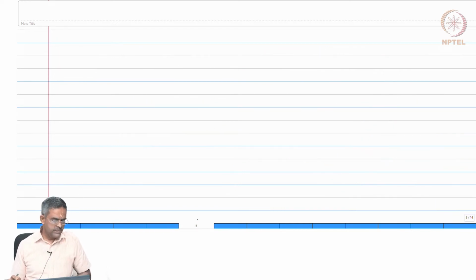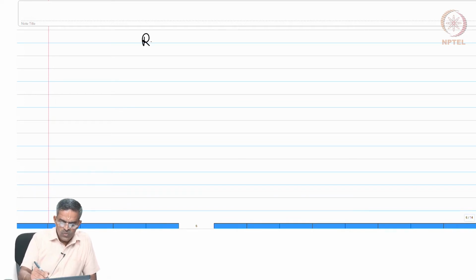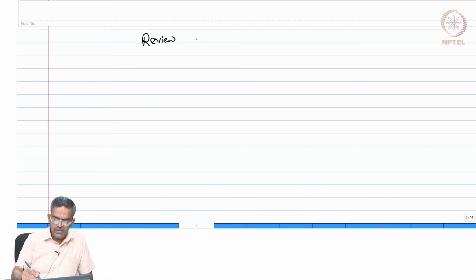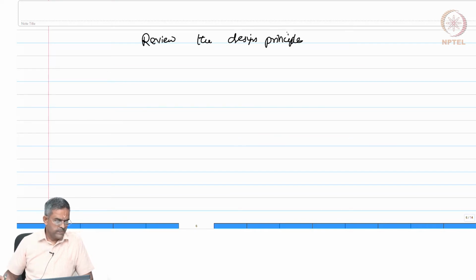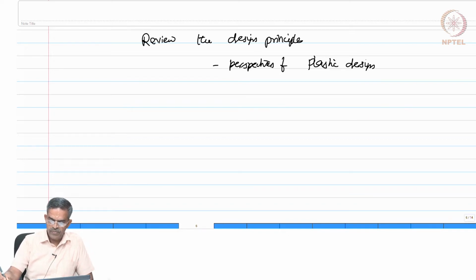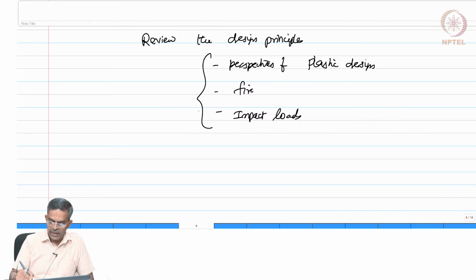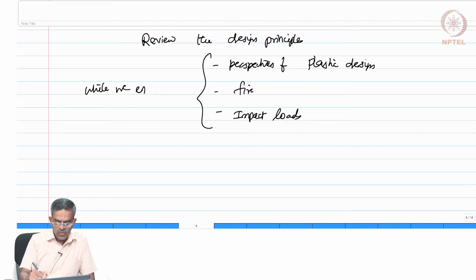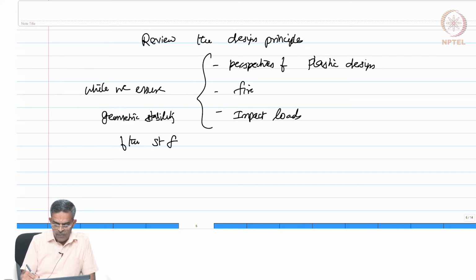Having said this, we will then review the design principles in the perspectives of plastic design, design for fire, design under impact loads, while we ensure the geometric stability of the structural form.